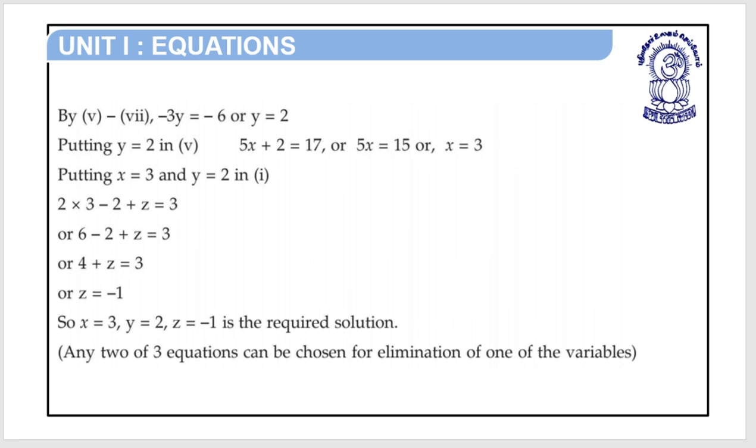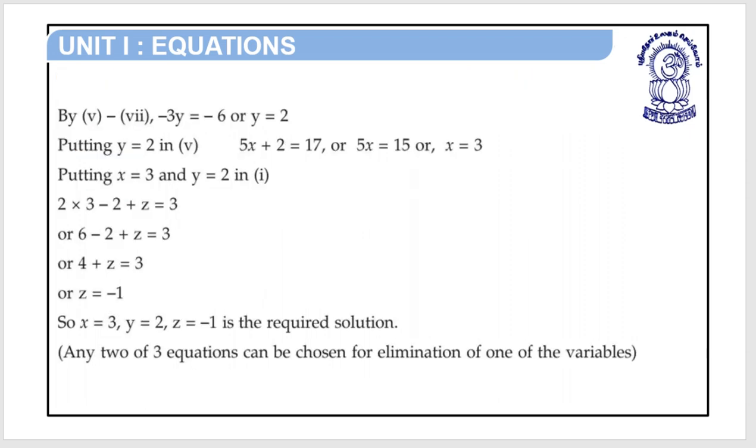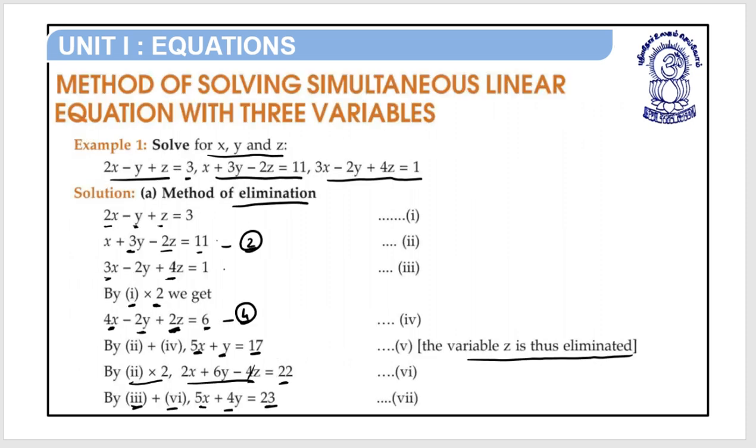By equation number 5 minus 7, so we will get equation number 5 is 5x plus y is equal to 17, and equation number 7 is 5x plus 4y is equal to 23.